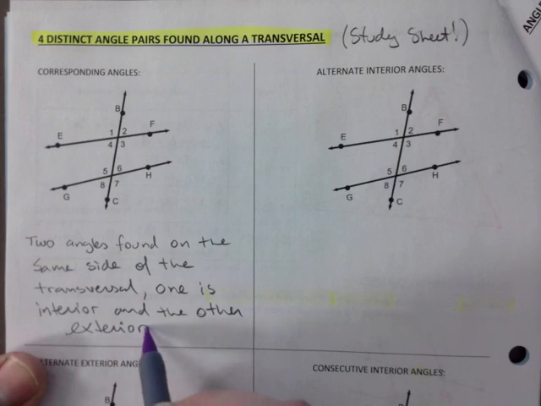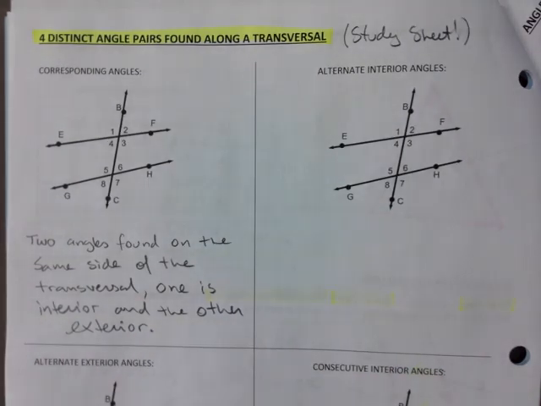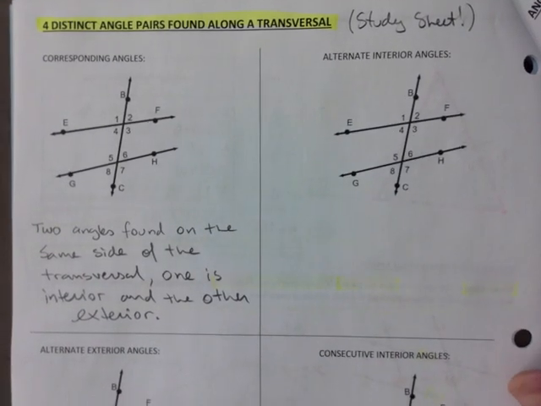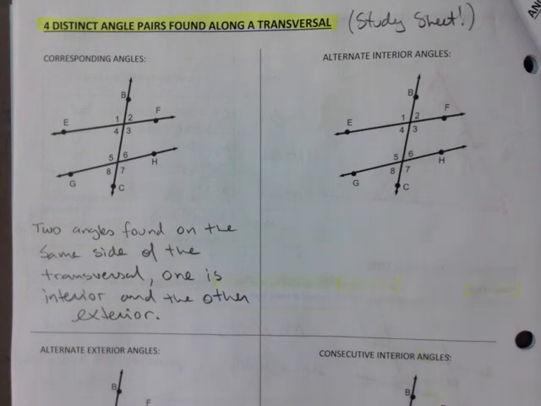I'll show you this on the diagram. It's a lot easier to just look at it on the diagram. But that's what the definition of corresponding angles would be. Okay.